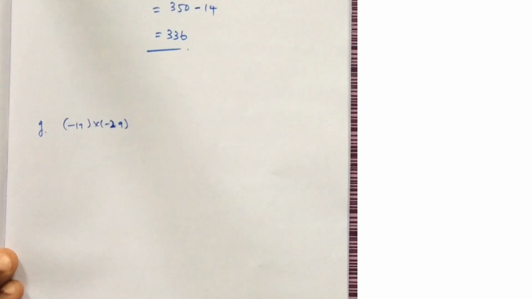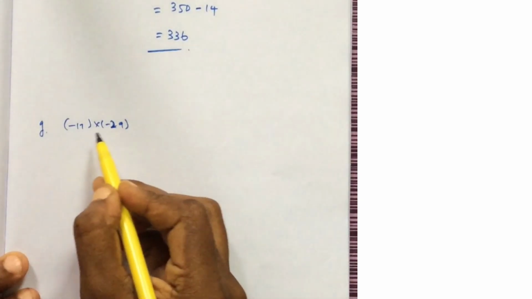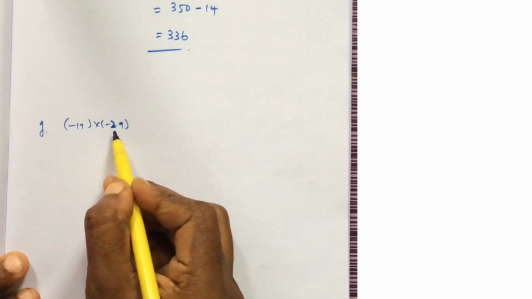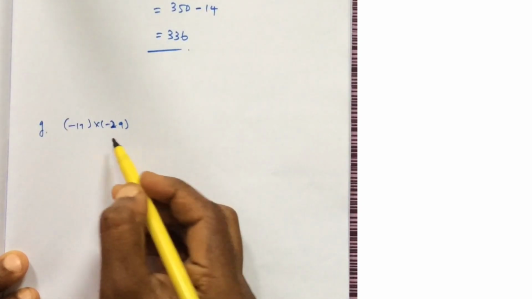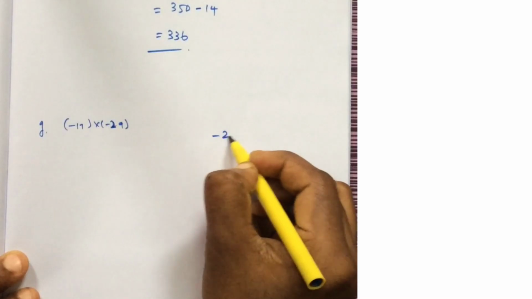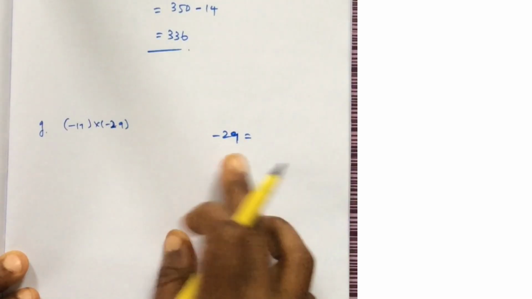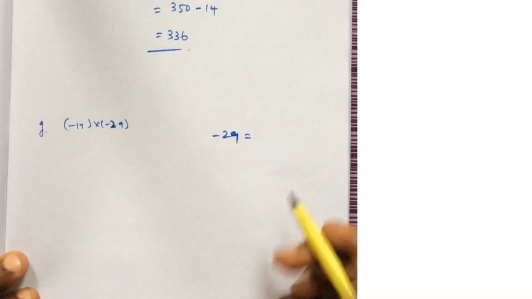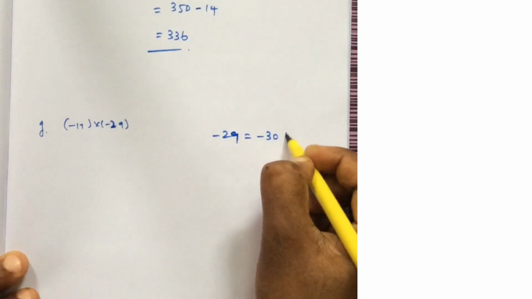The next problem is minus 17 multiplied by minus 29. Here what I am doing is, this minus 29 I am changing into minus 30 plus 1.